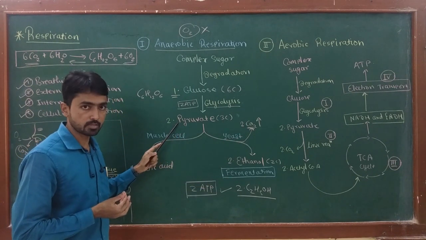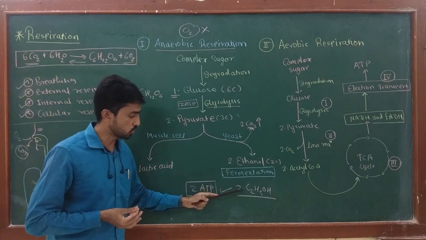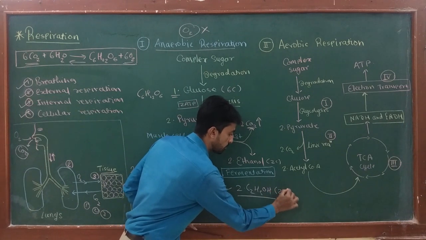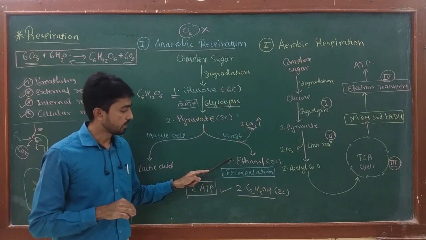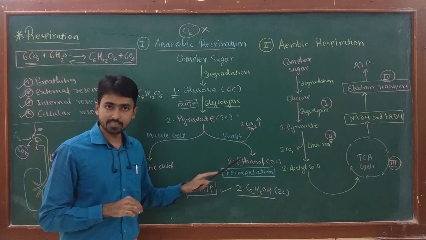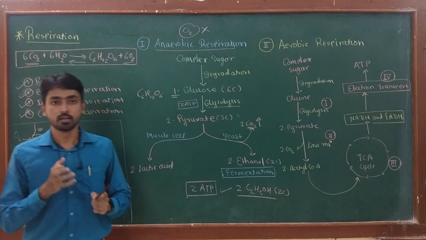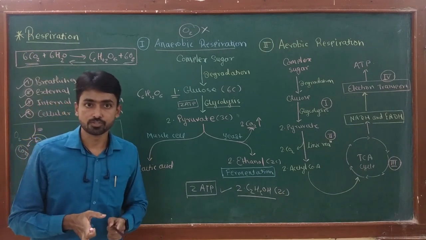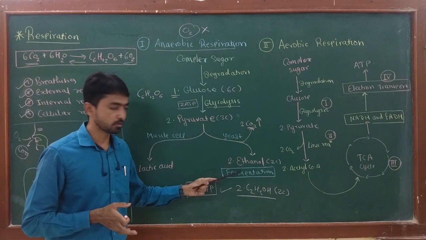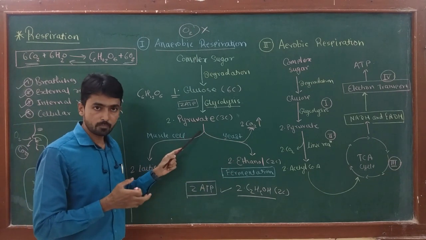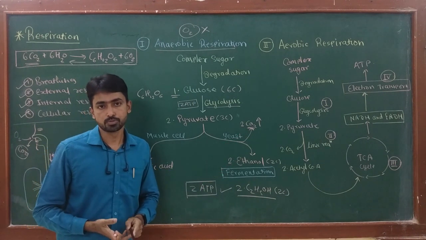Here total 6 carbons are present, and due to the release of 2 carbon dioxide, now 2 into 2 carbon molecule, 4 carbons remain inside the cell, and they are converted into ethanol. This process which occurs in the yeast is mainly used in a large number of brewing industries. In the brewing industries, yeast is used for the fermentation process in which, due to anaerobic condition, carbon dioxide is released and ethanol is produced.